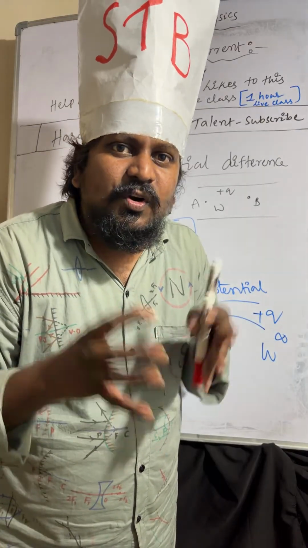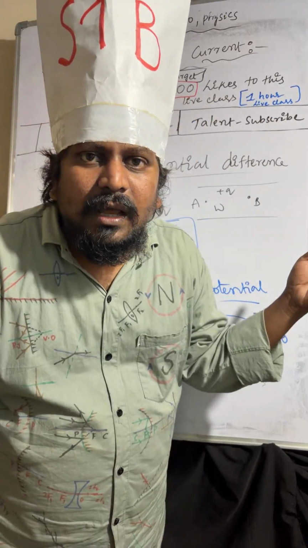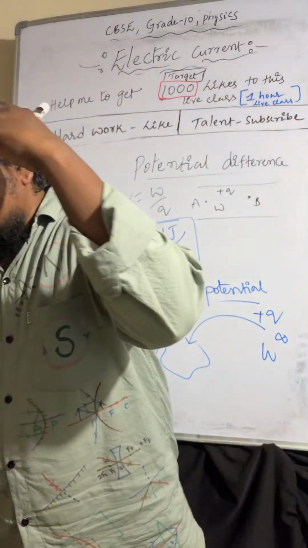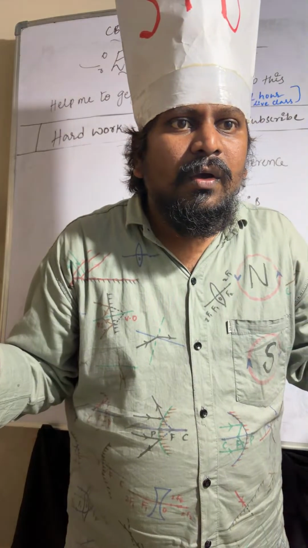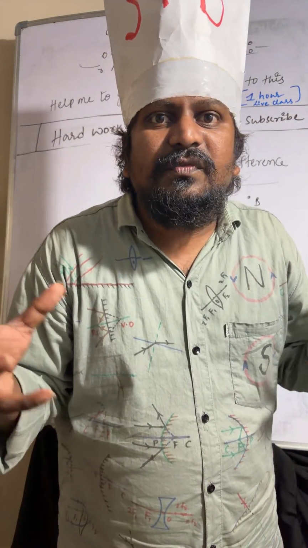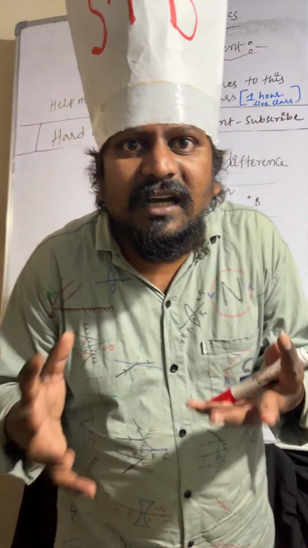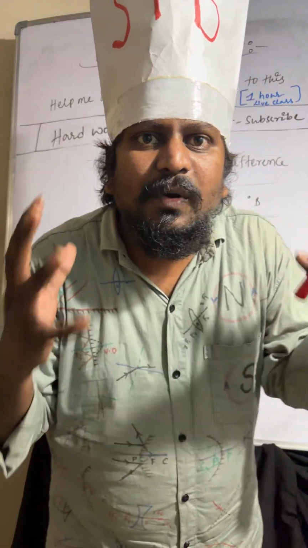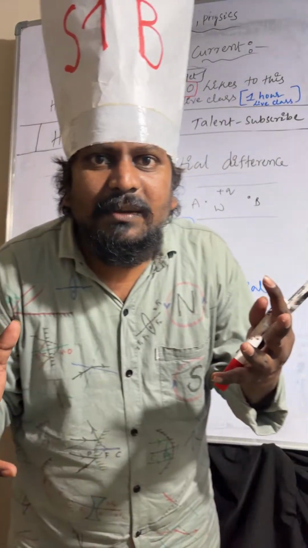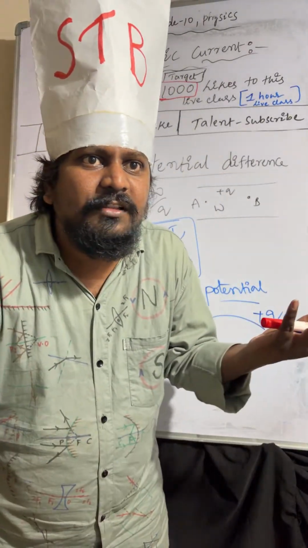Now we will discuss Ohm's law. Ohm's law says that the potential difference across the ends of a given metallic conductor is directly proportional to the current flowing through it.